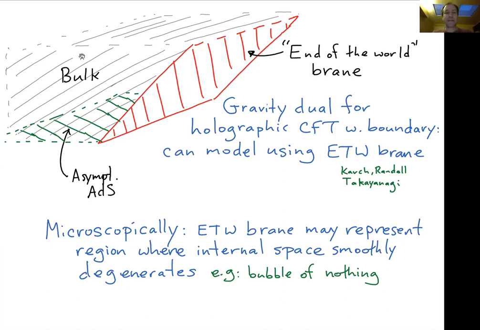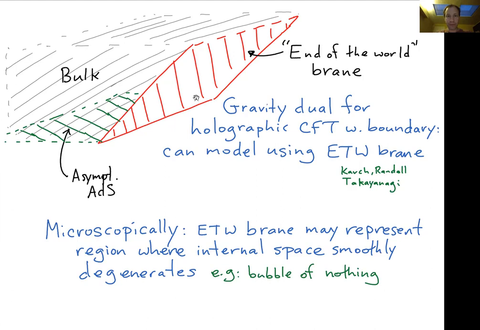Similarly, we can think of choosing a bulk action and then choosing some action that's going to represent the physics of this end of the world brane. And again, one can start with the simplest sorts of actions, and so the simplest thing we could imagine is just having some cosmological constant term, like the integral of the square root of the induced metric times a constant.